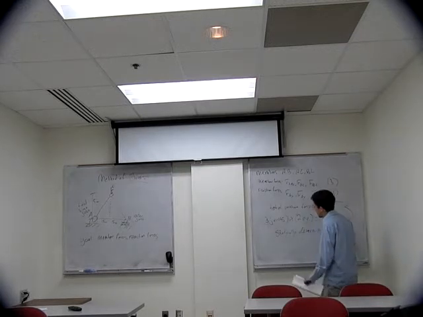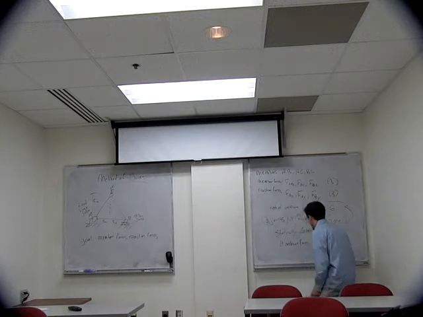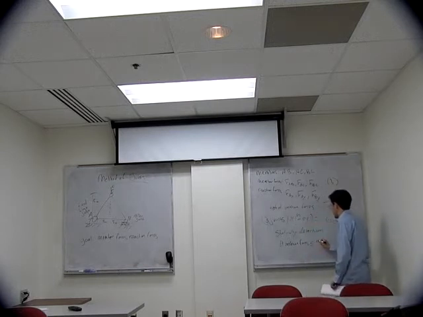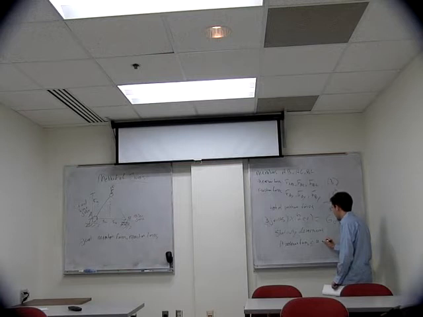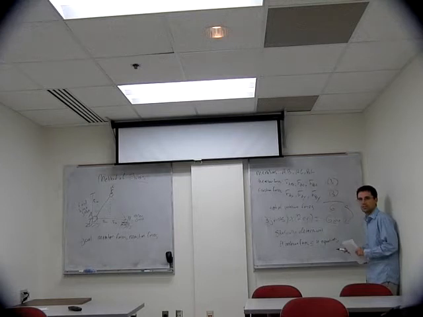Mathematically, this is telling us that the number of unknown forces is less than or equal to the number of equations that we can generate. All right. Any questions on this so far?